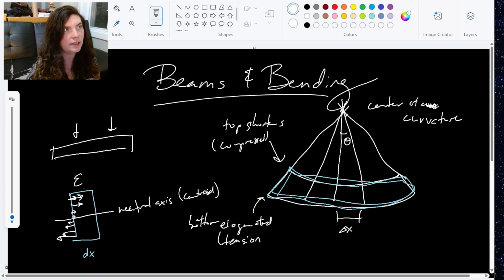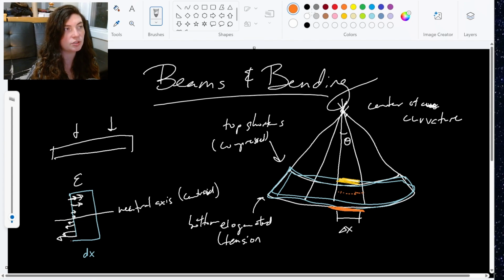So in compression, we're losing this little bit of length here at the top. And then as we go out, we see that we're gaining a lot more length at the bottom than we did along the neutral axis. The neutral axis stays the same length in the center, so there's no change there.